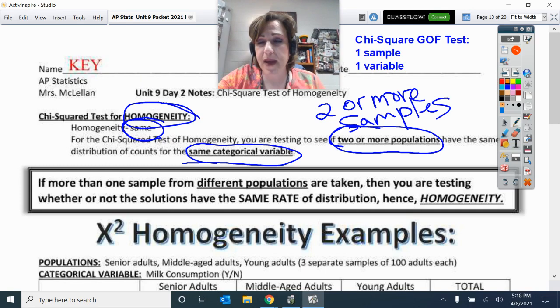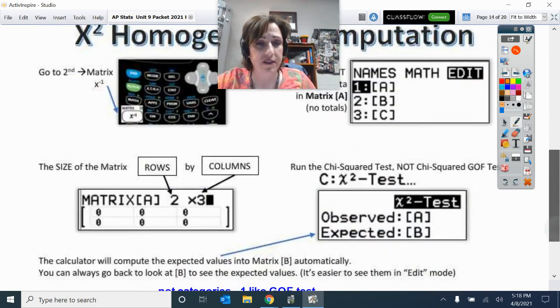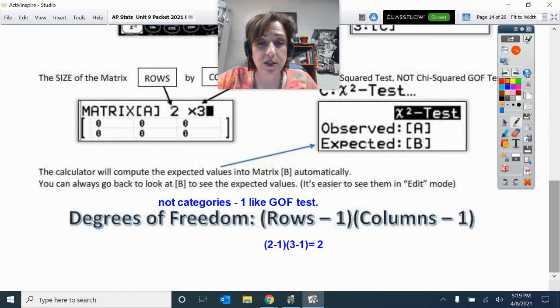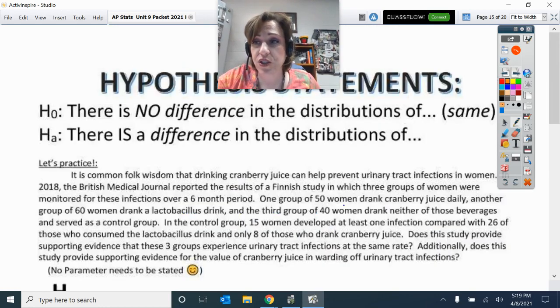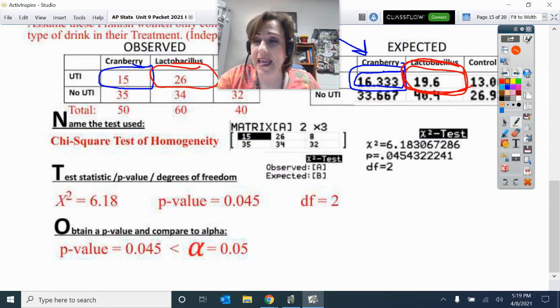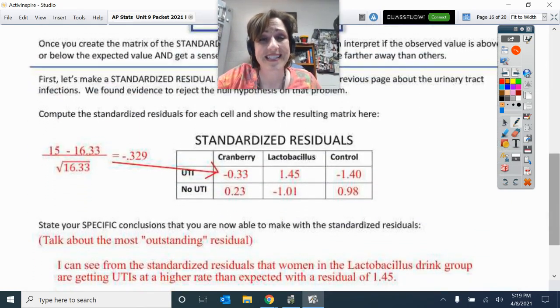Then we talked about the different way of putting these into your calculator, how to get the degrees of freedom, and then how to finally do a test and conclude specifics from the standardized residual.